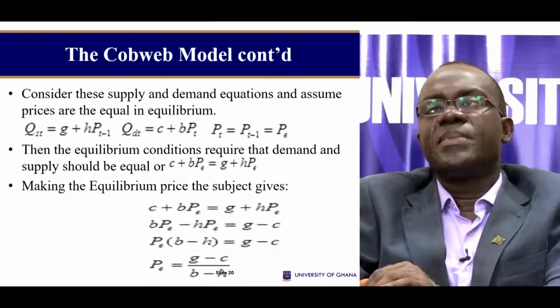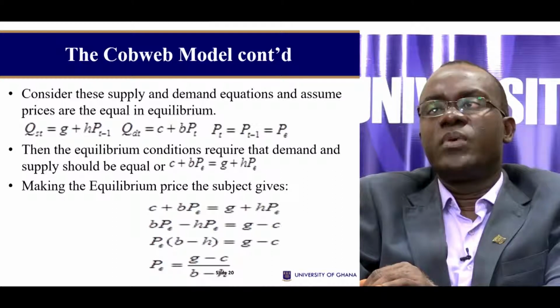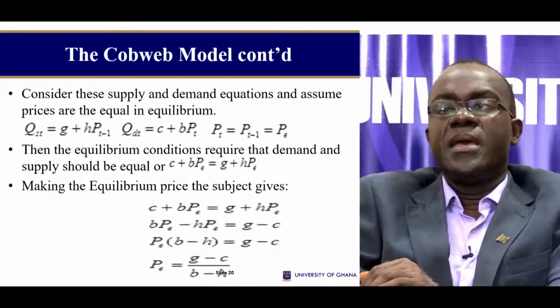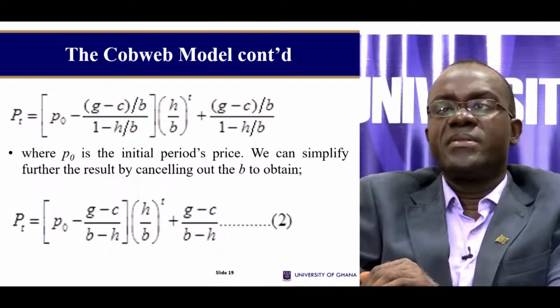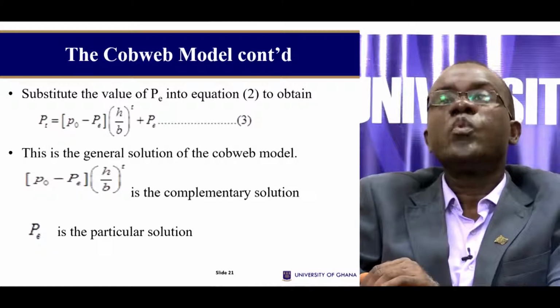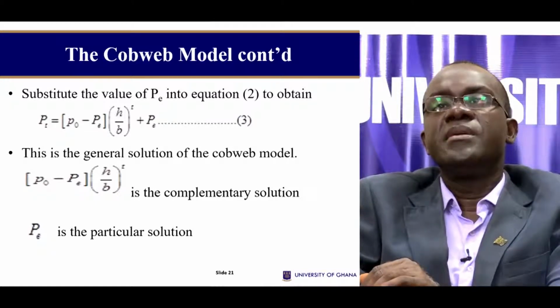So those are supply, those are demand. If we assume that prices are equal at equilibrium, then we have our equilibrium price to be equal to that, and it is the same as what we have standing here and here. So when we insert them, we get this equation. So there's the PE, the equilibrium price that we have over here, and there's the PE over here.